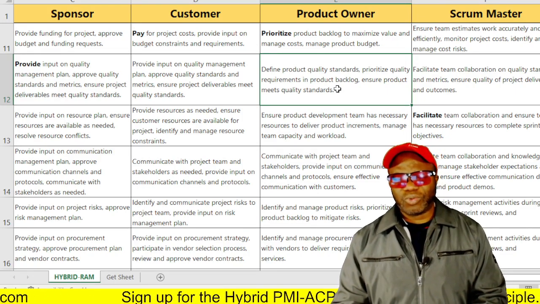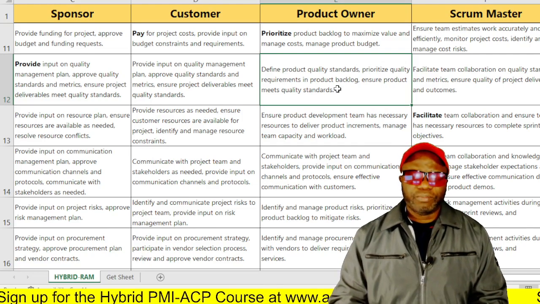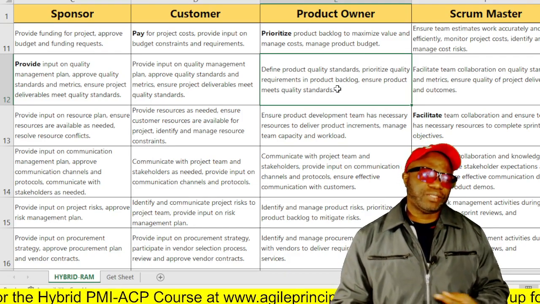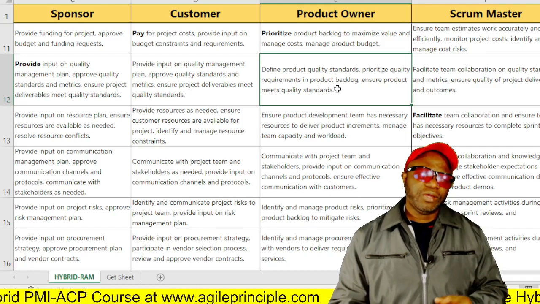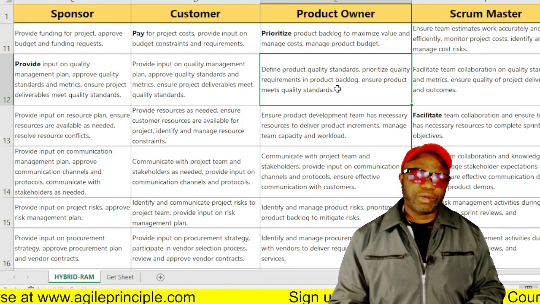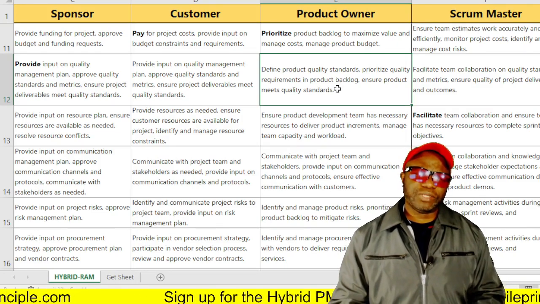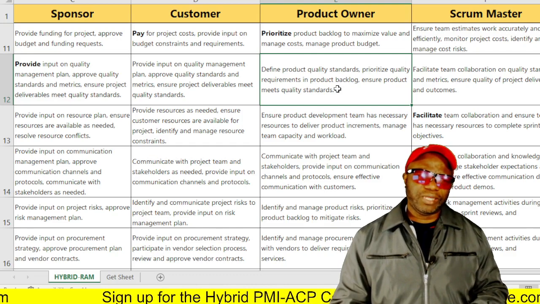So when we talk about quality standards, there could be standards from an external source, but we have our own internal benchmark, our own internal standards of what definition of done means and what definition of ready means, which also could be looked at from a quality perspective because building prematurely could lead to poor quality.